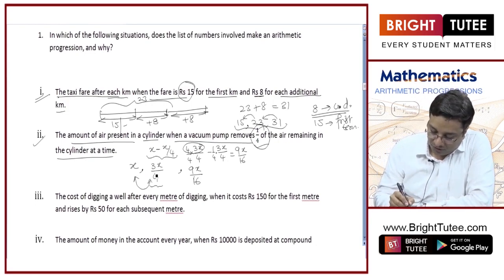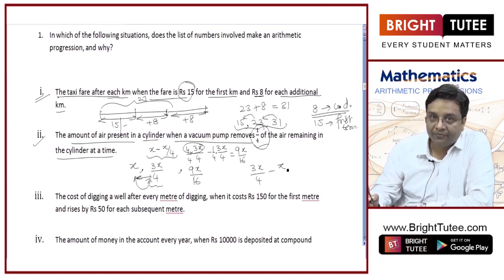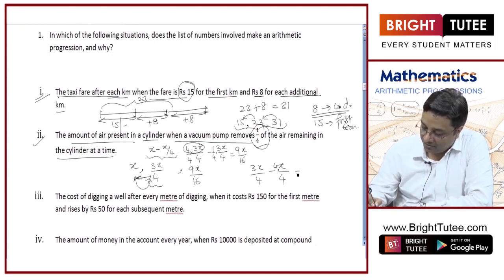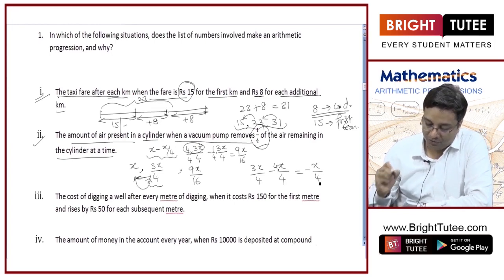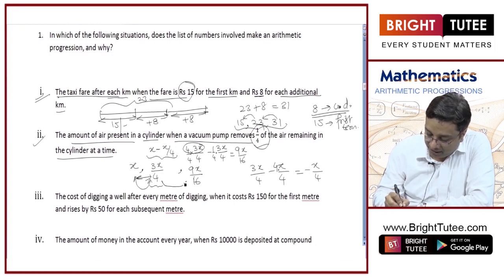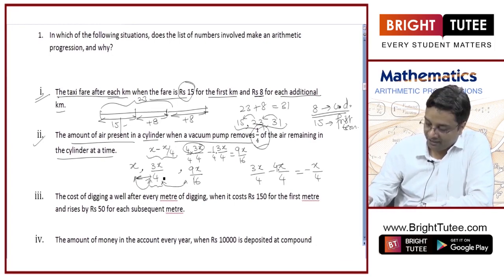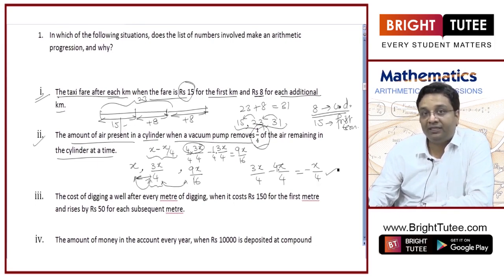So what is the difference in these two terms? 3X by 4 minus X. You subtract it like this, make the denominator the same. Now this is minus X by 4. Now you need to subtract 3X by 4 from 9X by 16, and if the difference is the same, then we will say this is an AP, otherwise not an AP.